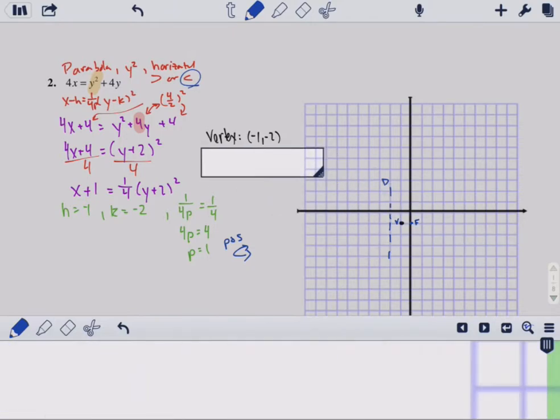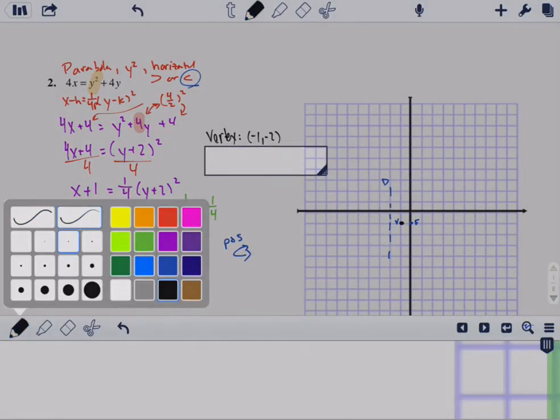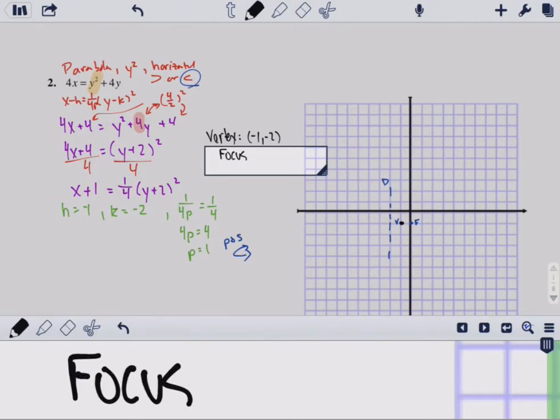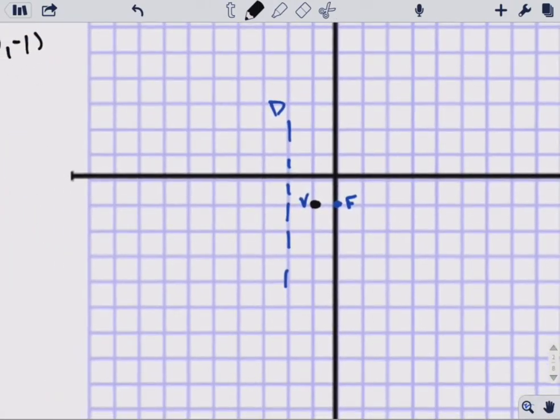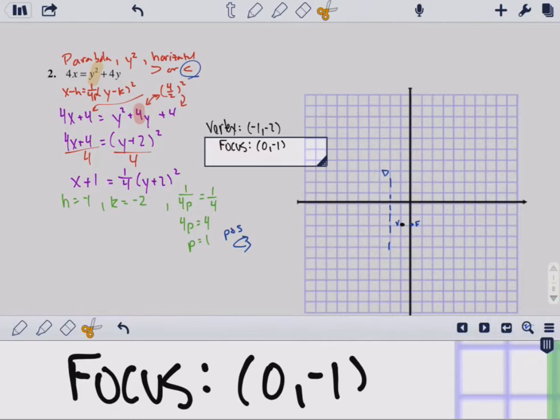Okay, p is always the distance from the vertex to the focus. So I can come over here and I can state what the focus is now. The focus is (0, negative 1). Sorry, oh, it'd help if I graph this right. Let's slide these down 1. Okay, there we go. Focus is (0, negative 2).